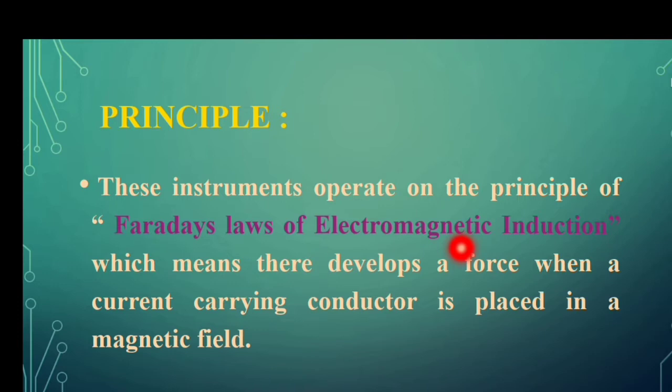This is the basic law involved in almost any type of instrument, and here the direction of movement of the conductor can be determined using Fleming's left hand rule. So any instrument, PMMC, MI or electrodynamometer type, operates on the principle of Faraday's laws of electromagnetic induction.